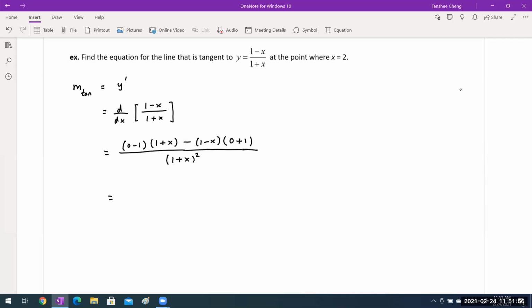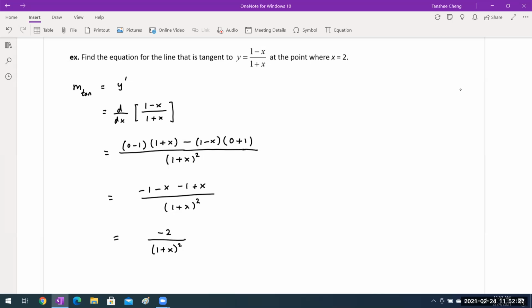When I simplify this, it becomes negative 1 minus x, negative 1 plus x, all over (1 plus x) squared. Simplifying a little further, that gives us negative 2 over (1 plus x) to the second power.